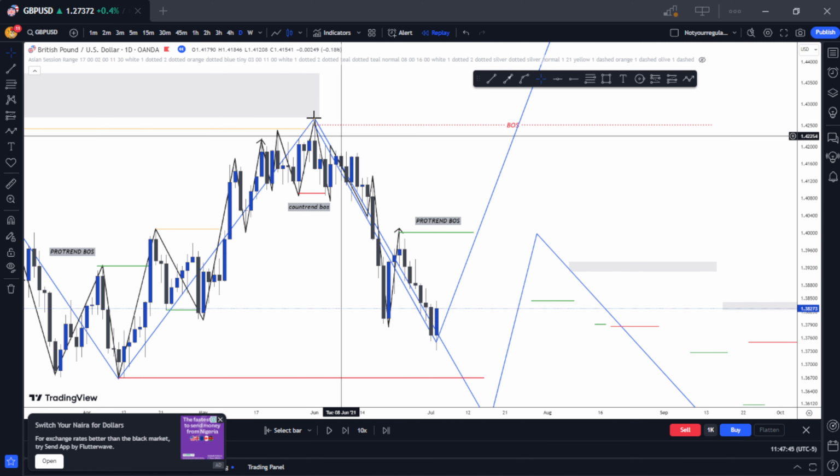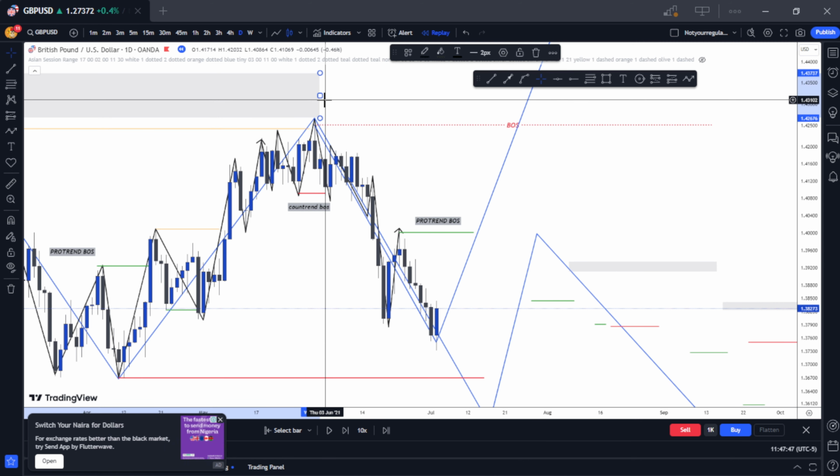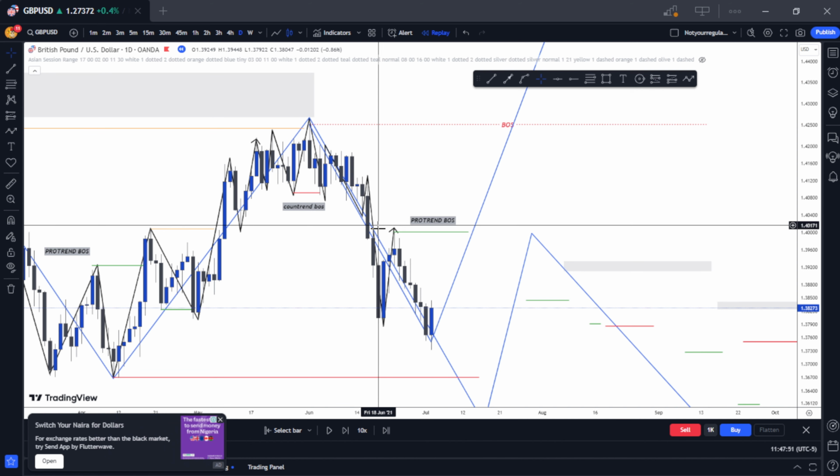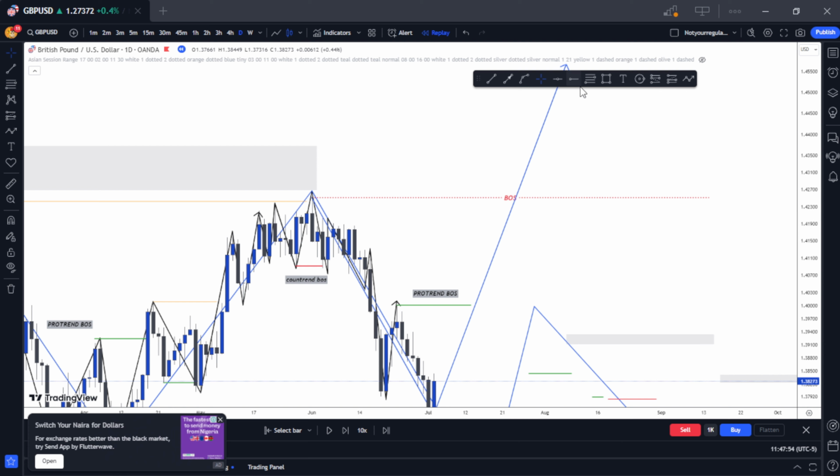That's assuming price didn't mitigate the correct order block here. Assuming this was an SMT that just caused a pullback, this would have been our pro-trend BOS for price to continue buying up.